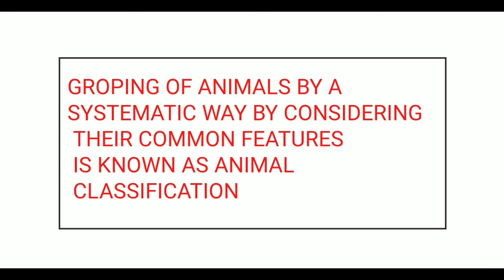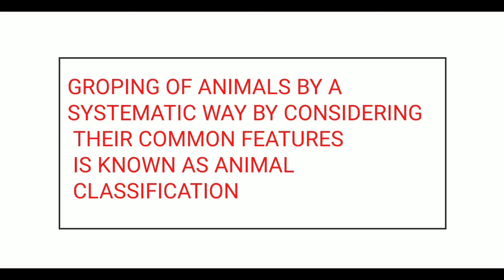We have to group animals in a systematic way, and also by considering their common features. Common features mean: do they have a backbone or do they not have a backbone?